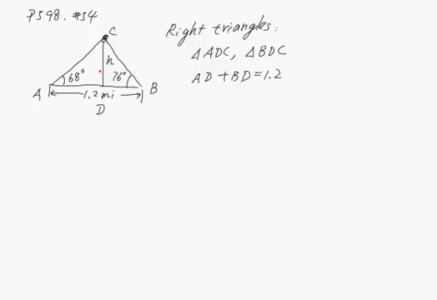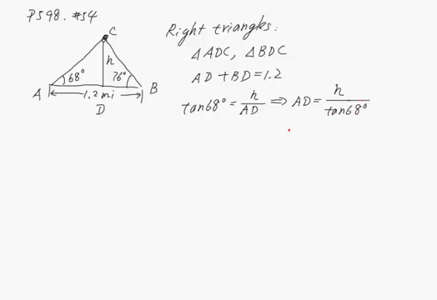So you have the tangent of 68 degrees equal to opposite over adjacent. The opposite is H, and the adjacent is AD. Now you multiply both sides by AD and divide both sides by tangent 68 degrees. Then you get AD equal to H over tangent 68 degrees.